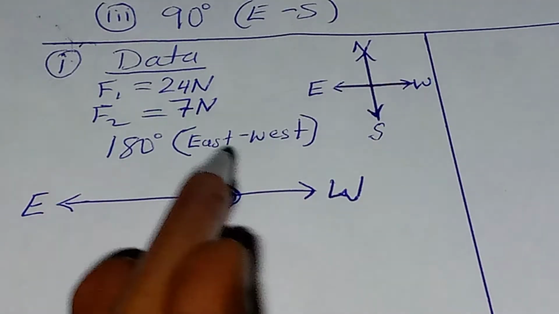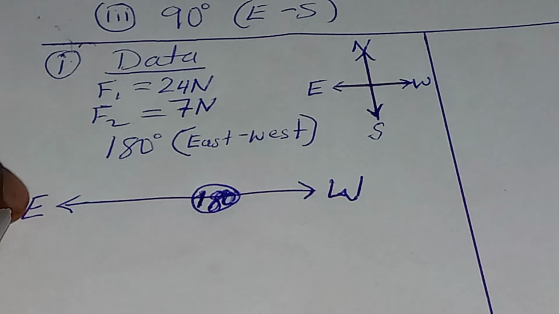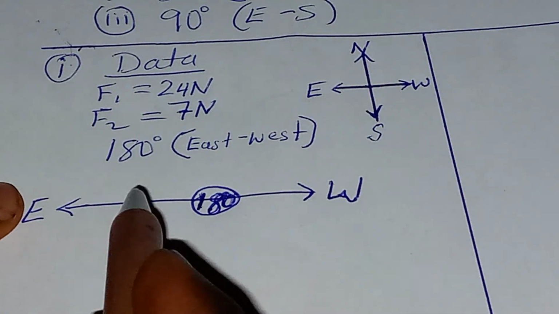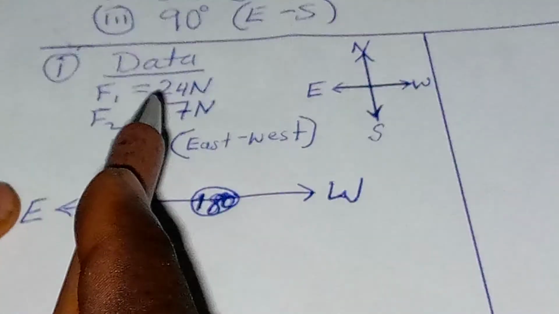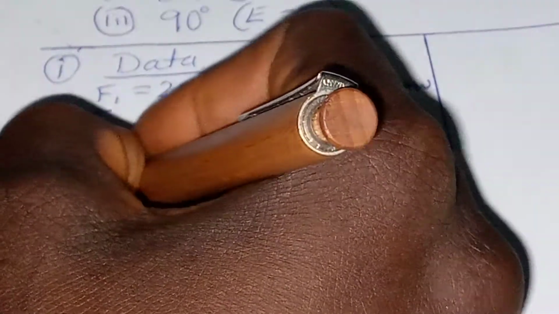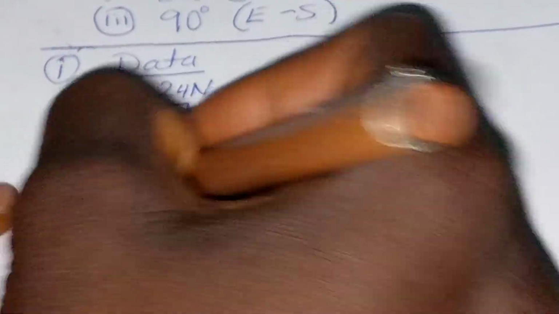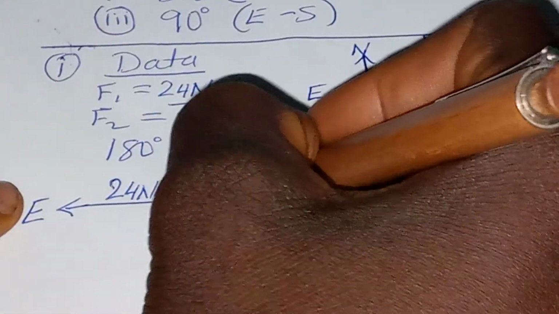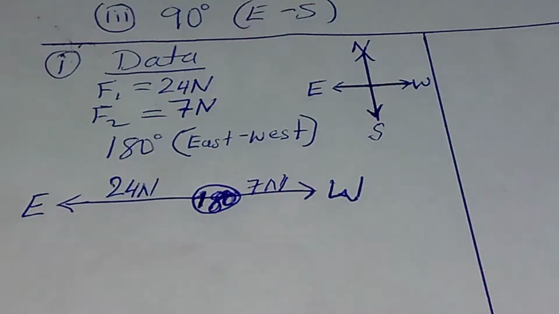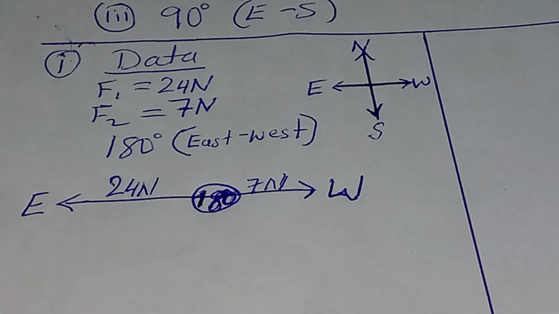Here east has the longer distance while west has the shorter distance. So the longer distance will represent 24 Newton, because 24 is higher than 7 Newton.